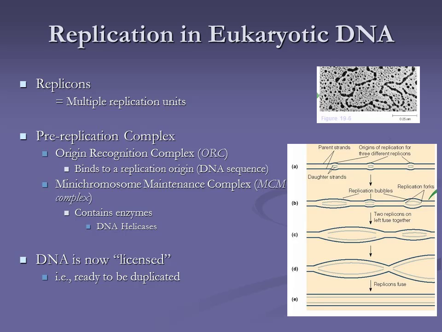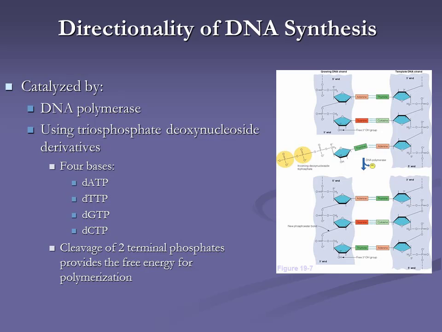And so the enzyme that's largely responsible for unzipping our DNA is DNA helicase. That's going to be one of the many players that are critical in producing our new strands of DNA. So we know we need helicase to unzip, but the other partners we're going to need are a couple of DNA polymerases.